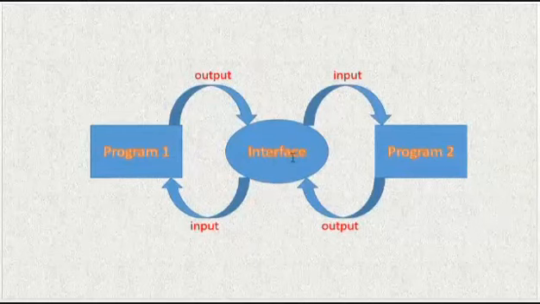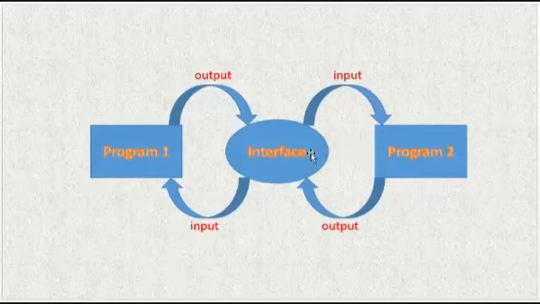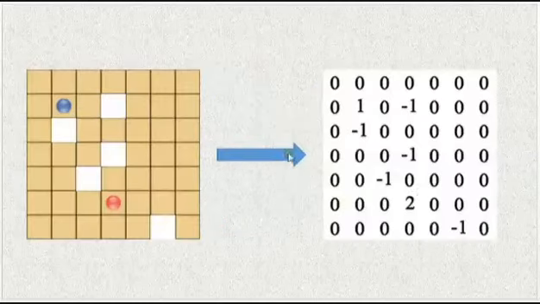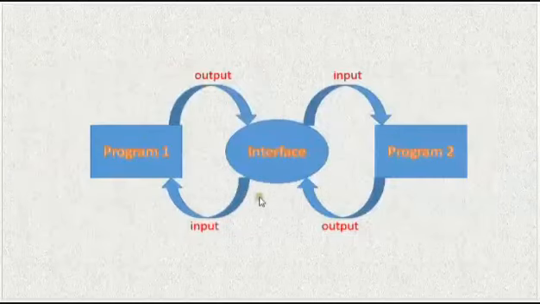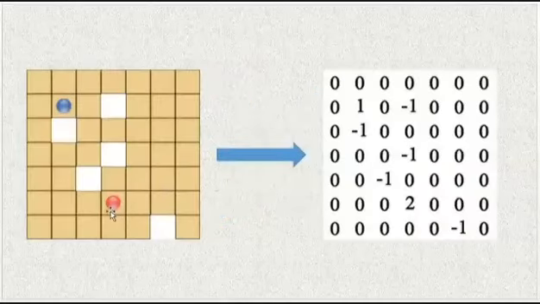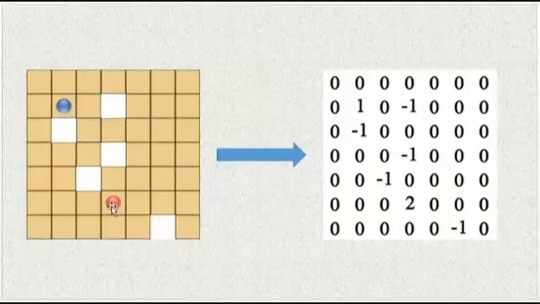You don't have to worry about that interface. We'll be giving you an input in the form of a 7x7 matrix like this, and what you should give us as output is just the coordinates of where your coin has to move.